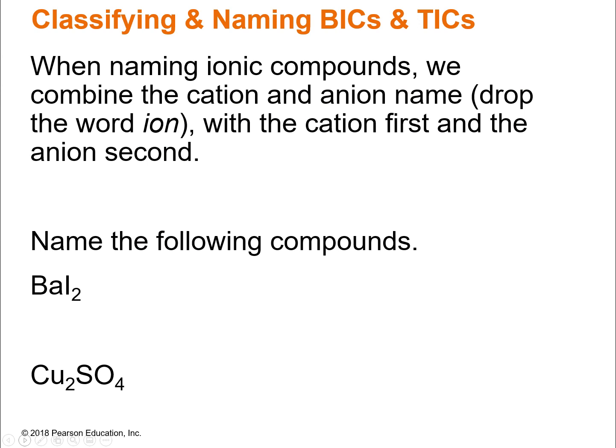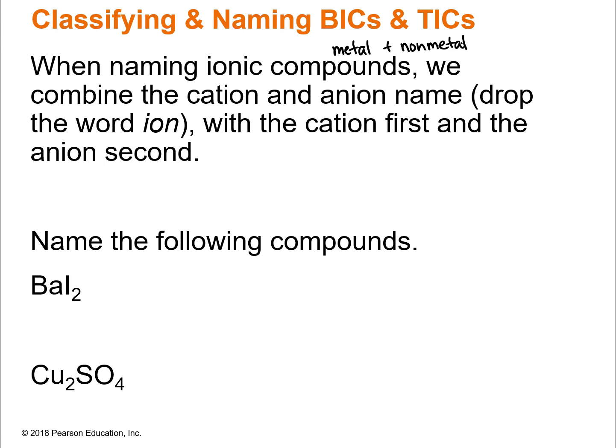We're going to go through and talk about classifying and naming binary ionic compounds and ternary ionic compounds. And then around there, we'll probably take a break after we do this part. So remember, with the ionic compounds, we're talking about a metal plus nonmetal.